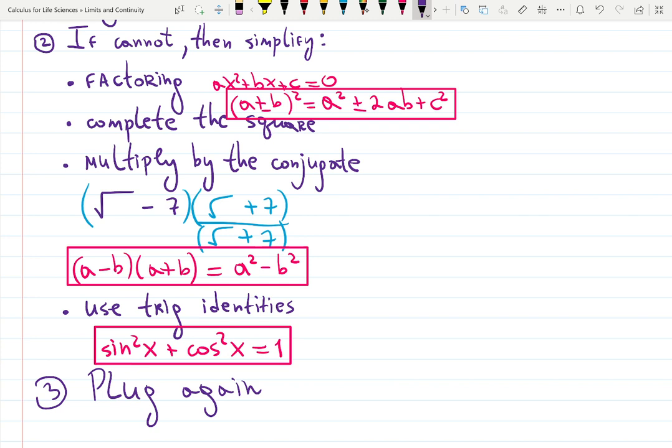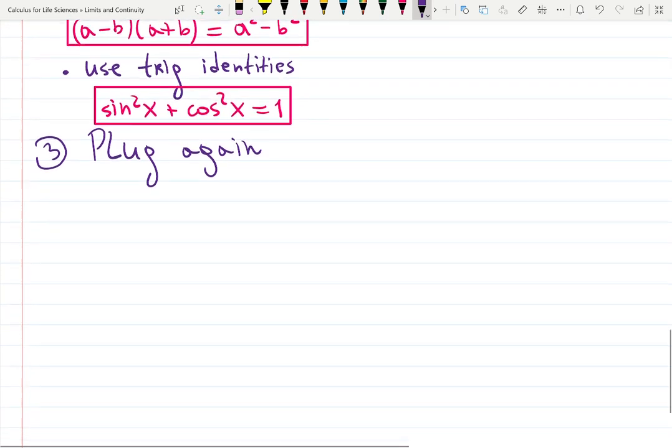You plug in, maybe you are overthinking and everything is good. Probably you're not overthinking and the problem is not that easy. So then you have to simplify. If there's a quadratic function there, you use the quadratic formula. If you see a square root, you multiply by the conjugate, that's a long problem. And so on. Simplify, cancel out, plug in again, you got the answer.